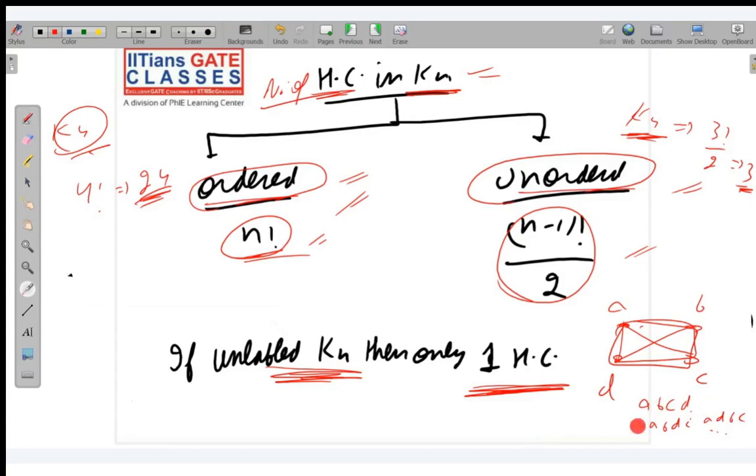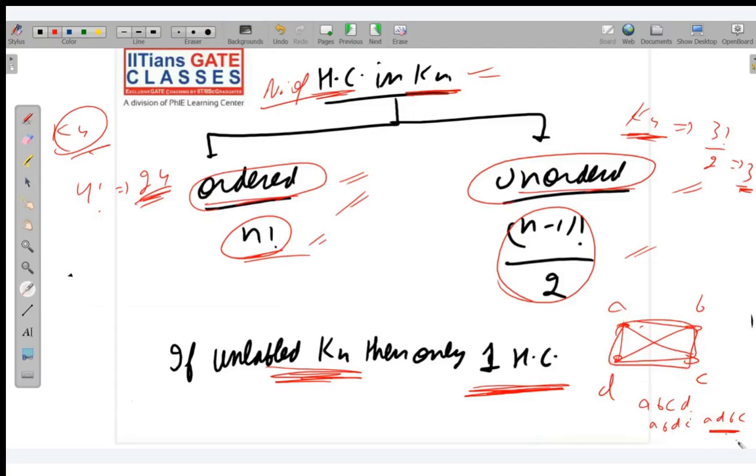So ABCD is a Hamiltonian circuit, ABDC, ABDCA. I am not writing the final A just to give you the intuition, because you will get lost, so I am skipping the last vertex. Now ADBC, ADBCA. Whatever way you write, it will be a Hamiltonian circuit.